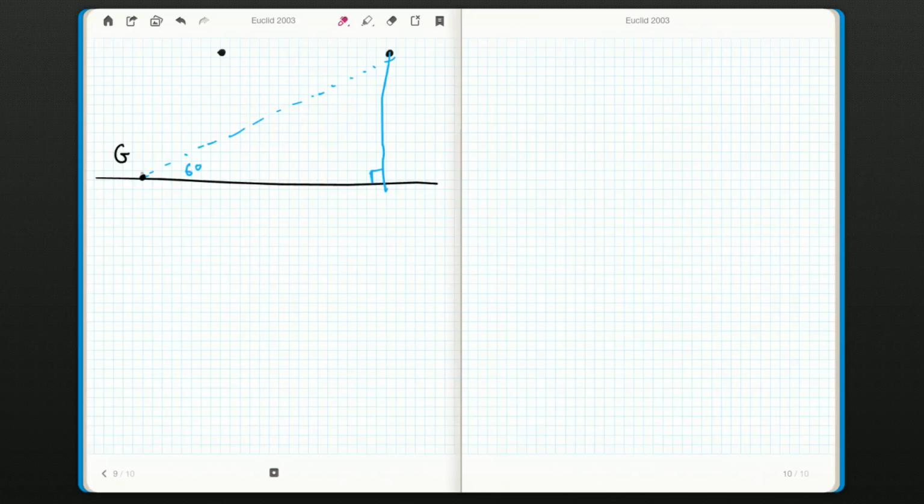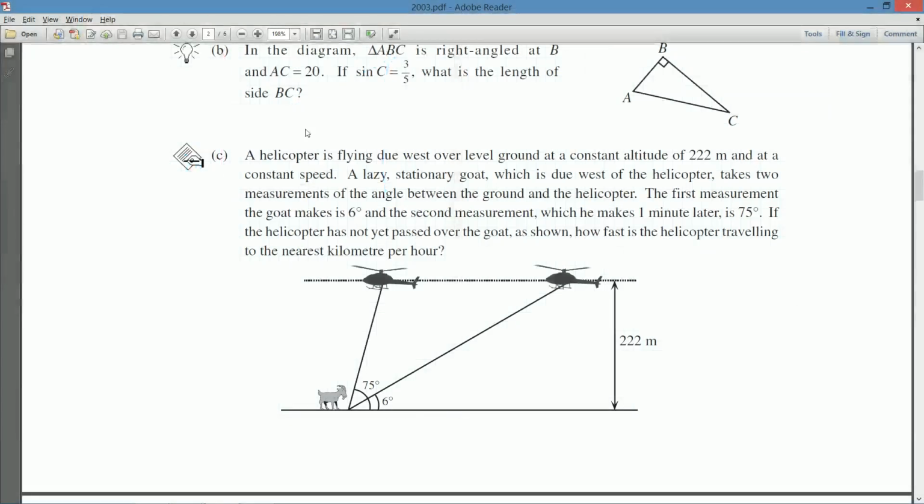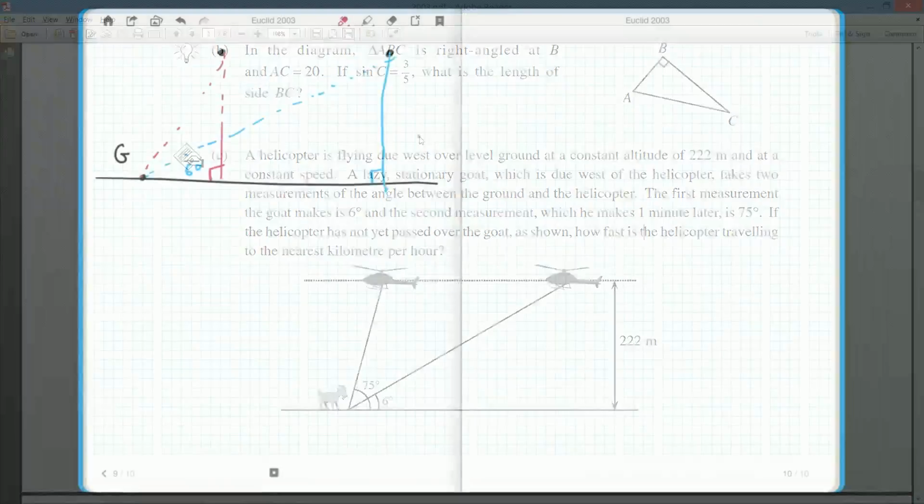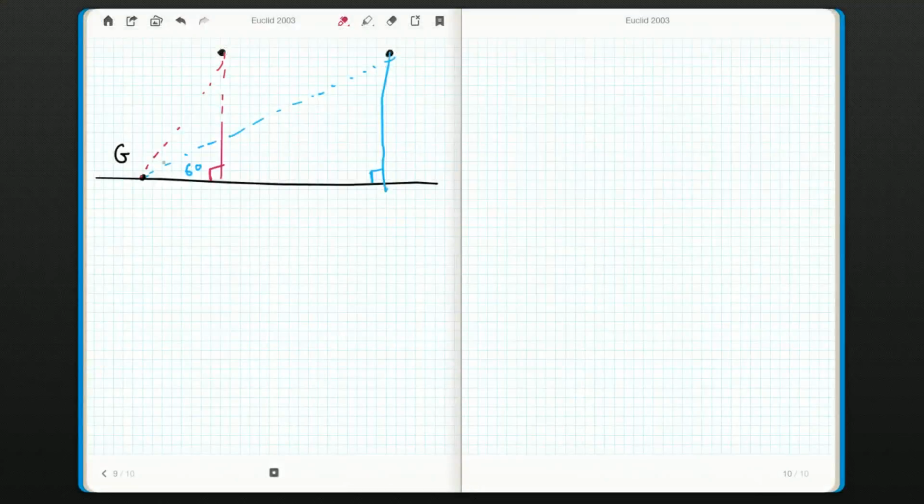And then the second time the goat sees the helicopter, is it a full 75 or is it 75 more? I can't remember what the diagram said. 75 degrees, okay. 75 degrees. Okay, so we've got right angle triangles and angles in here.